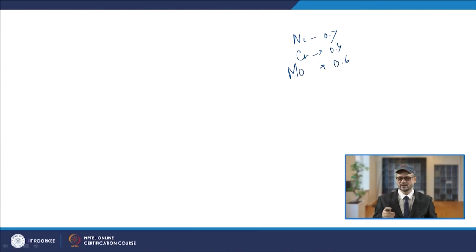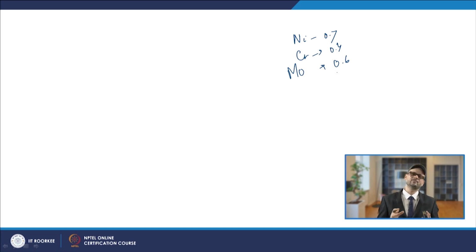A typical low alloy steel that we use normally has, say, nickel 0.7 percent, chromium 0.4, and molybdenum 0.6. These are normally used in nuclear pressure vessels, and they are very much known for reheat cracking.